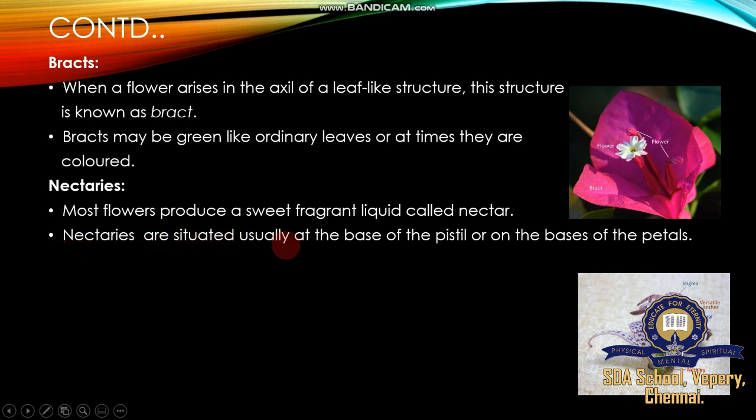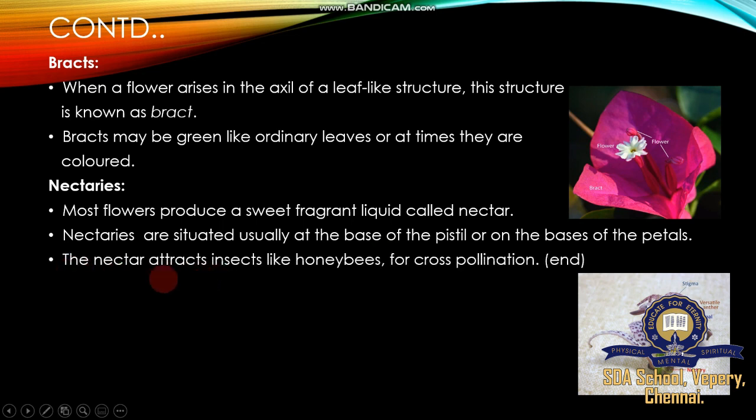Nectaries are situated usually at the base of the pistil or at the base of the petal, and these honey-bearing glands are called nectar glands. The nectar attracts insects like honeybees for cross pollination. So it was explained already: those plants whose flowers are involved in cross pollination, especially which ones?